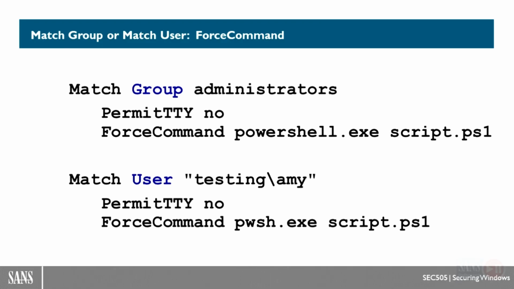So down at the bottom it says match user. Now in this case, it's Amy from the testing domain. Now that could be for a real normal human user, but that could also be a designated account that is only used for this purpose, for the force command. So you authenticate as Amy, you don't get a command shell, permit TTY is set to no, and instead, in this case, we're running PowerShell core, executing a script, and the output of that script is then returned back to the user.